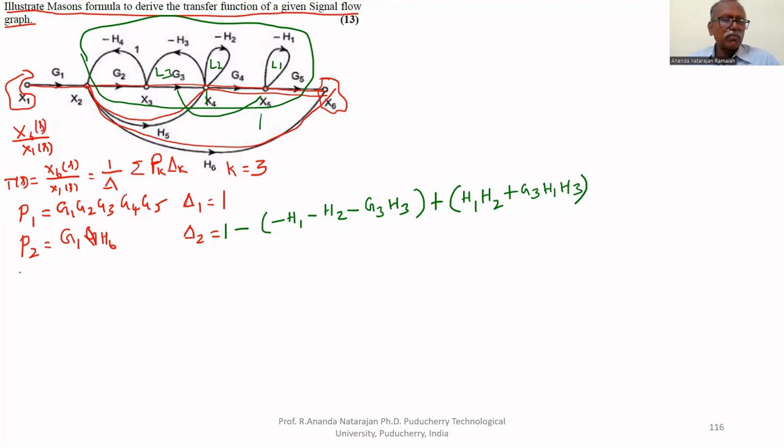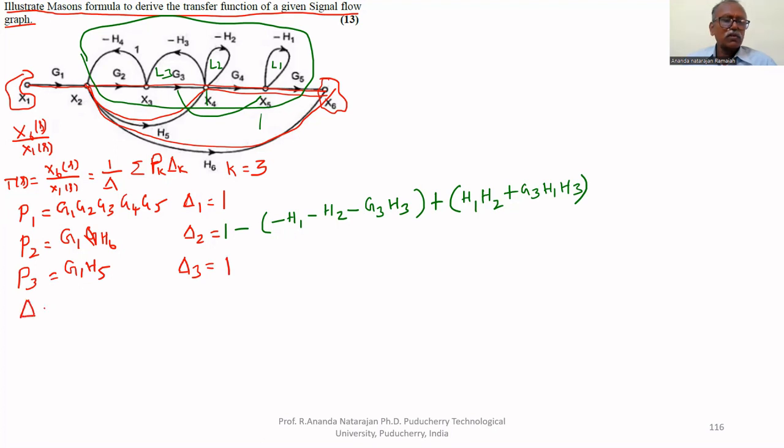Now P3 equals G1 H5. Delta 3 equals 1. Delta 3 equals the part of the graph which is not touching the forward path, which is this X3 alone, but it doesn't consist of any loop. That's why 1.